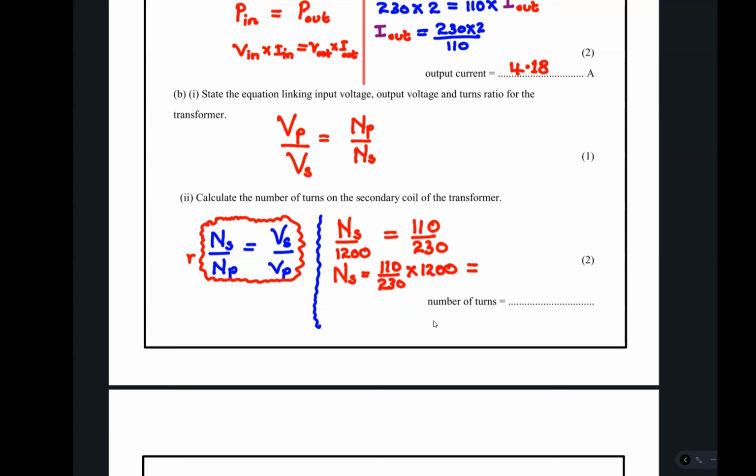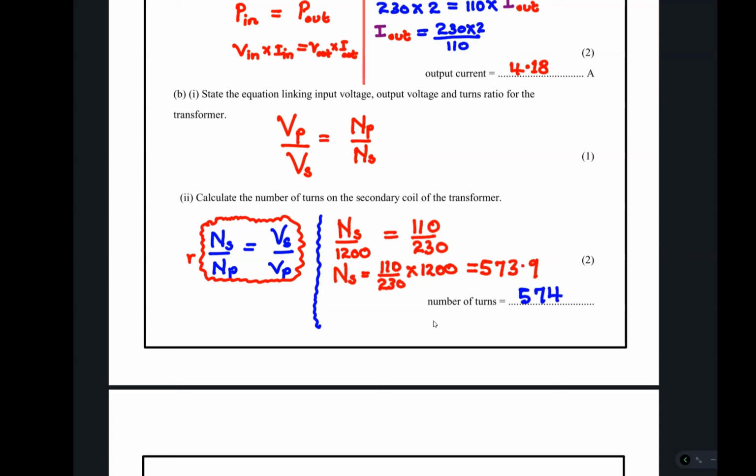And finally we have approximately what? Use your calculator here and tell me what you got. I got 573.9, and I can write this down here, 573.9. You can give it like that, and then we can proceed to the next question.